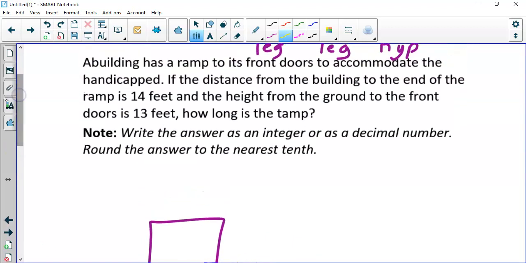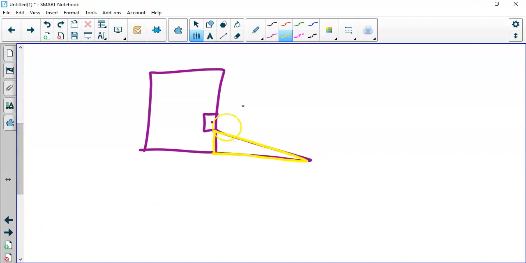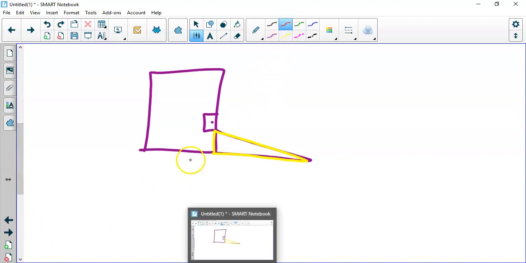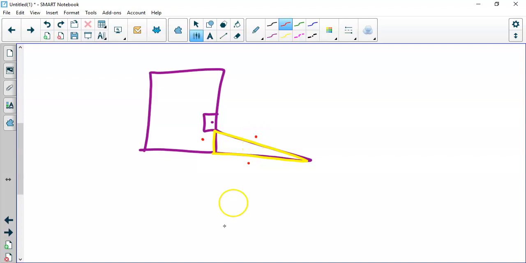All right, so now let's just fill in what we know. It says, if the distance from the building to the end of the ramp is 14 feet. So, is that 14 in place 1, 2, or 3? It's in place 2, because from the end of the ramp to the building is 14 feet.